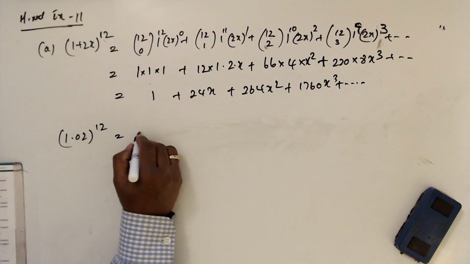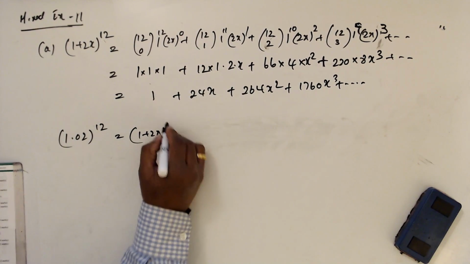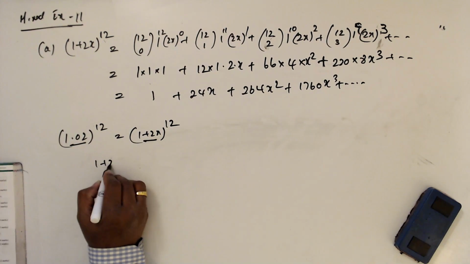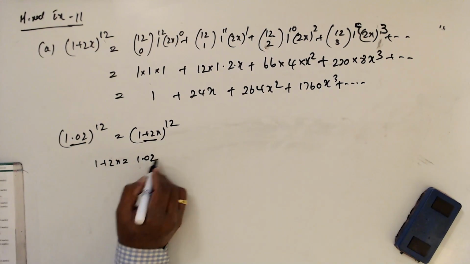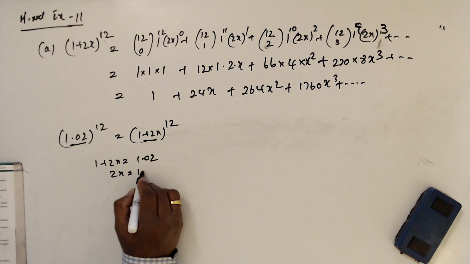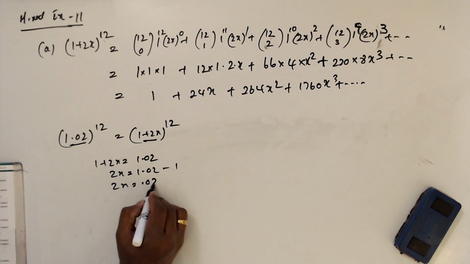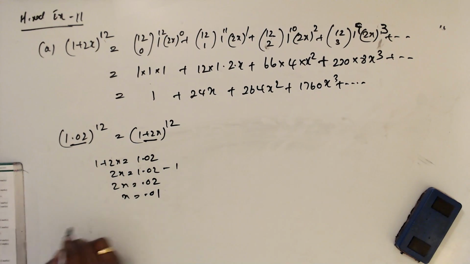I'll bring this one, 1 plus 2x to the power 12, and compare: 1 plus 2x equal 1.02, 2x equal 1.02 minus 1, 2x equal 0.02, x equal 0.01.